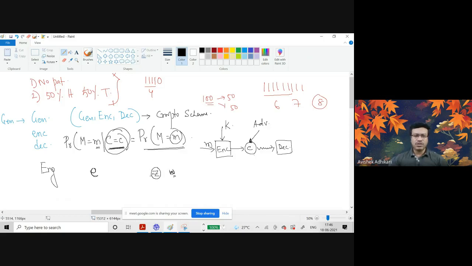So the probability of E occurring is more than that of Z or W occurring. That is very important. That is what a probability distribution over the message space M is.